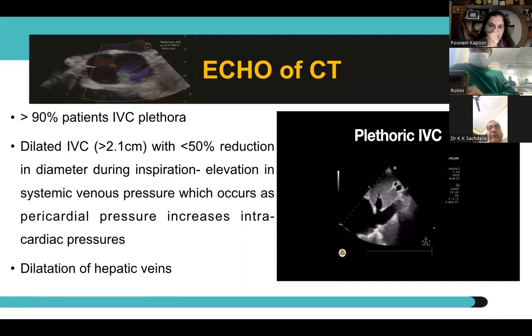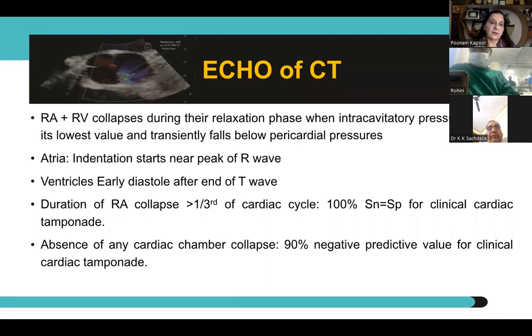Echo of CT showing plethora with dilated veins is very, very common. Duration of an RV collapse more than 1/3 of the cardiac cycle, where 100% of the systole and the diastole for the entire cardiac tamponade are known, is something which is pathognomonic of constrictive pericarditis.